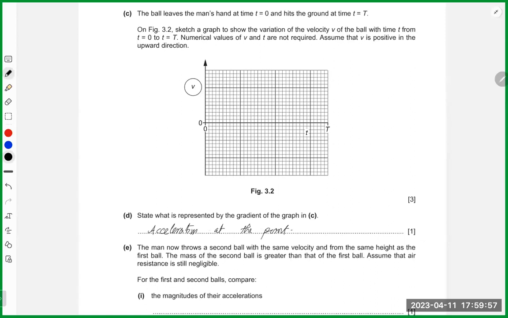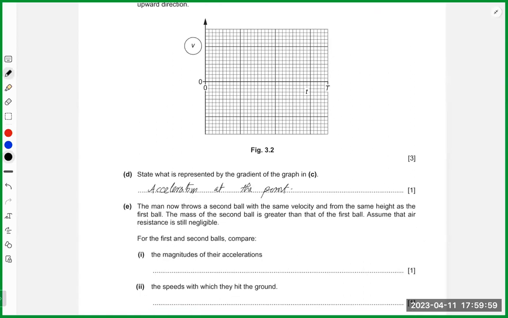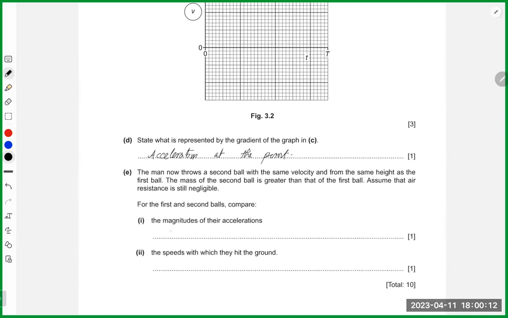The man now throws his second ball with the same velocity and from the same height as the first ball. The speed of the second ball is greater than that of the first ball, assuming that air resistance is negligible. For the first and the second ball, the magnitude of their acceleration will be same.